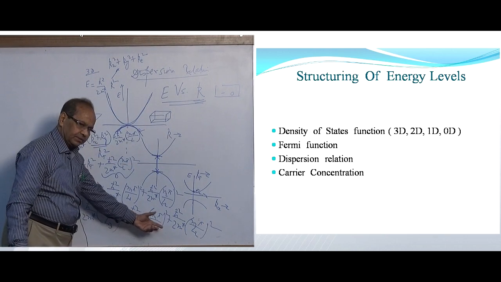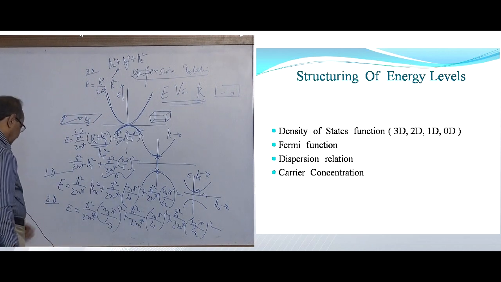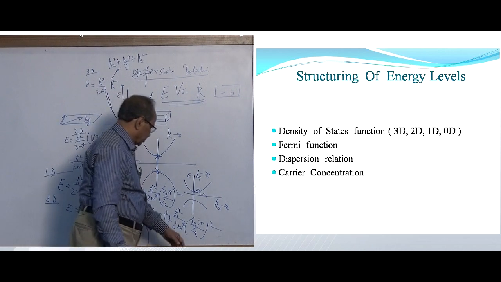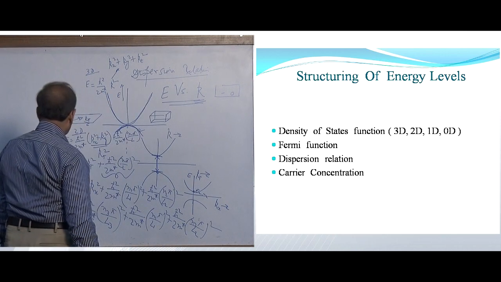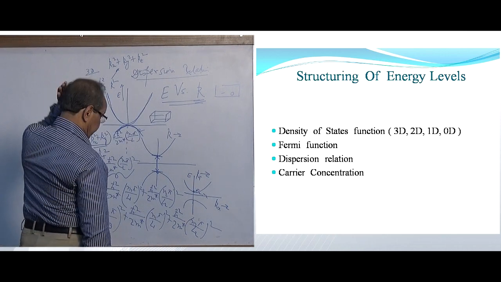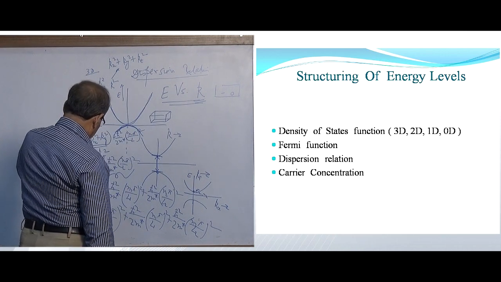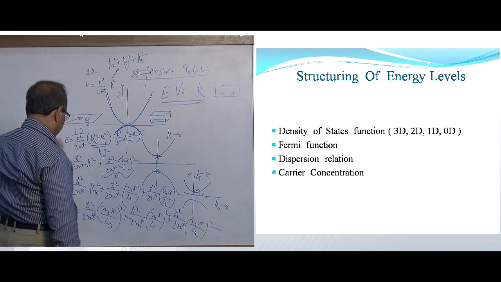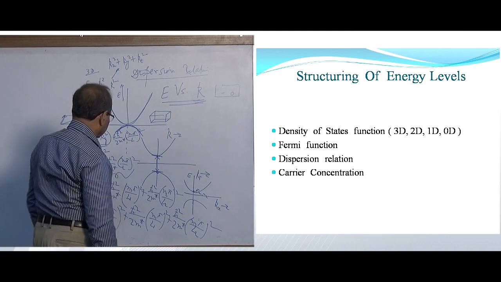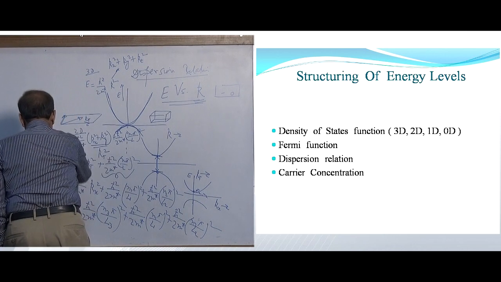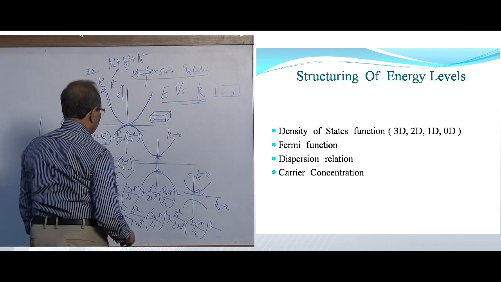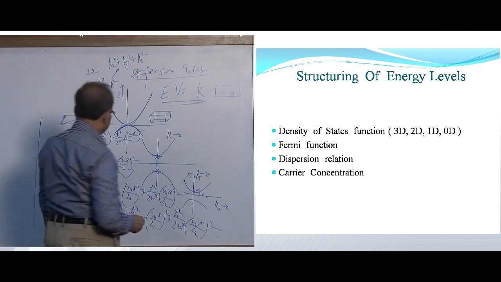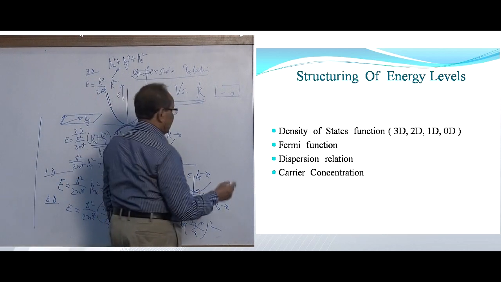All these are quantized. So these are the dispersion relations for 0D, 1D and 2D for the nanomaterials. These are essential in order to study the transport in nanomaterials. When we go over to graphene, these basic things are needed there.